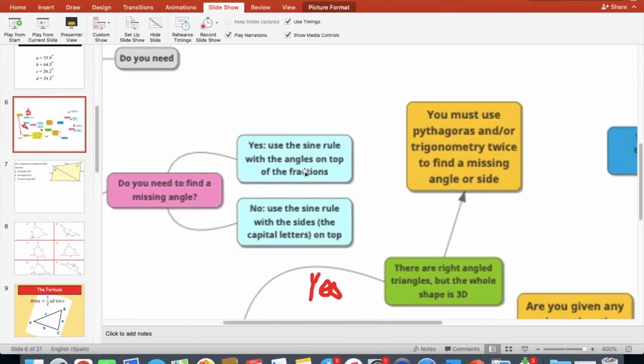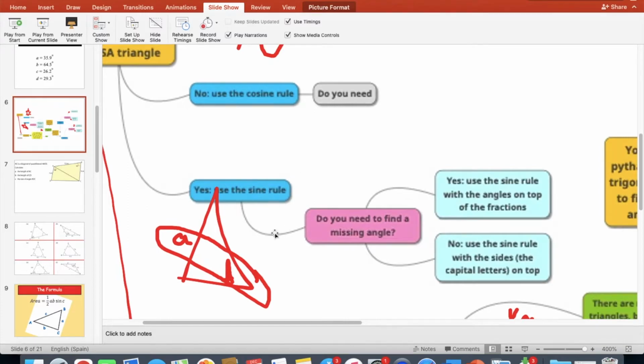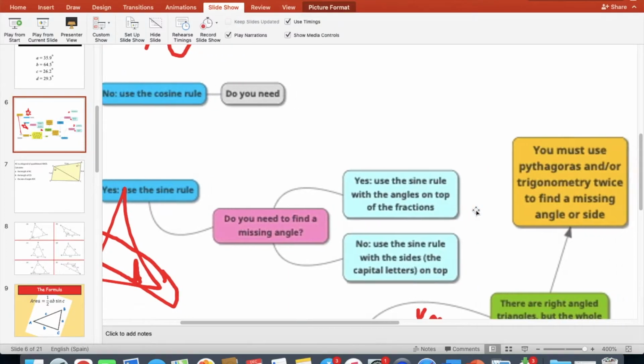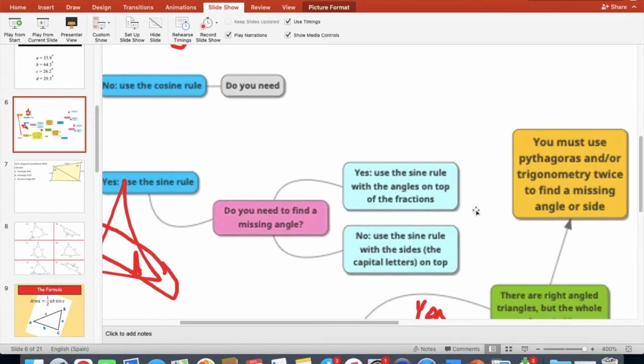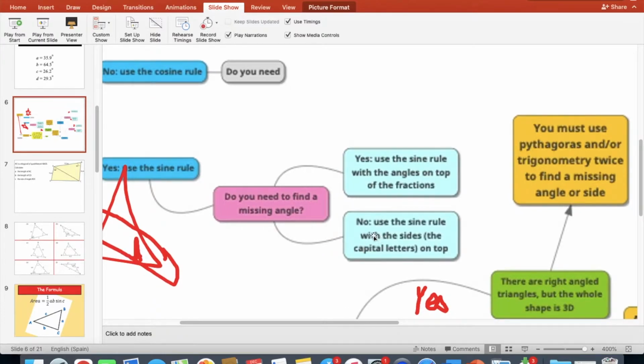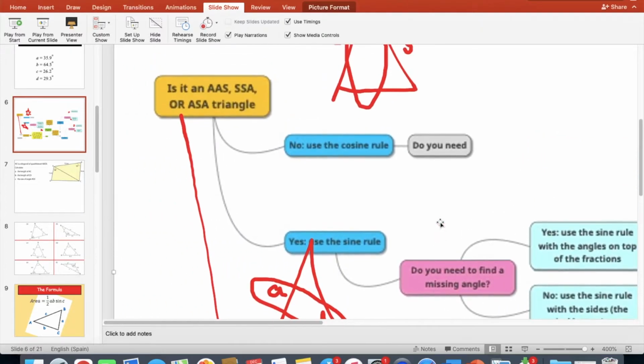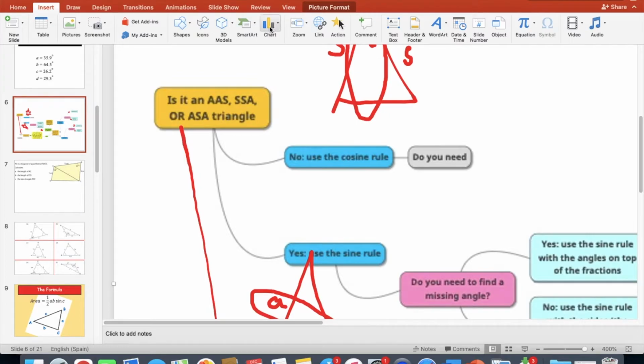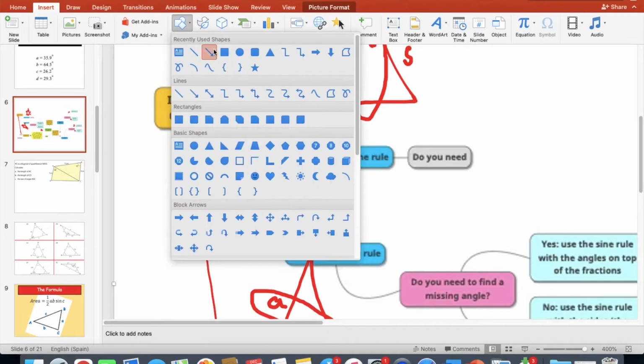So what we need to think about is, if we are using the sine rule, do you need to find the missing angle? If you do, we need to put the angles on top. So it's going to be sine A divided by A equals sine B divided by B equals sine C divided by C. If we're not, we're going to have the sides on top. So we'll have A divided by sine A equals B divided by sine B, etc. And then last but not least, we need to use the cosine rule for any other types of triangles.